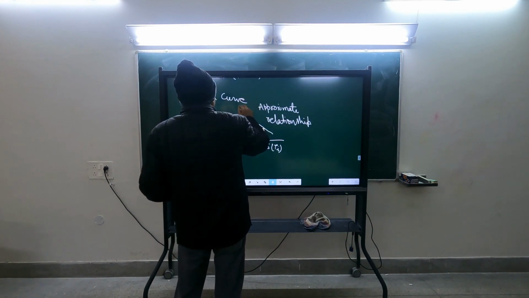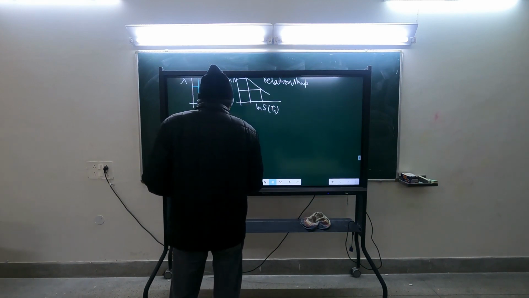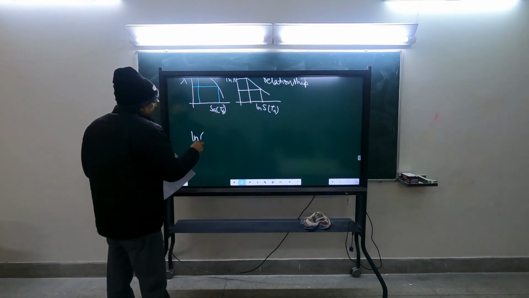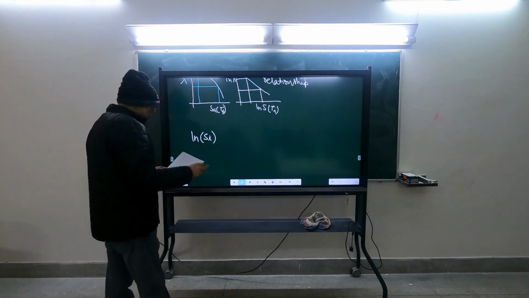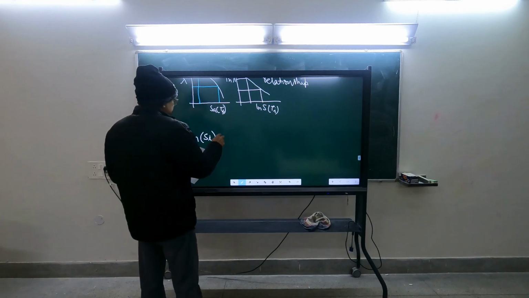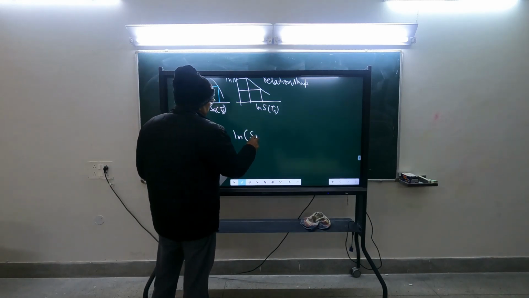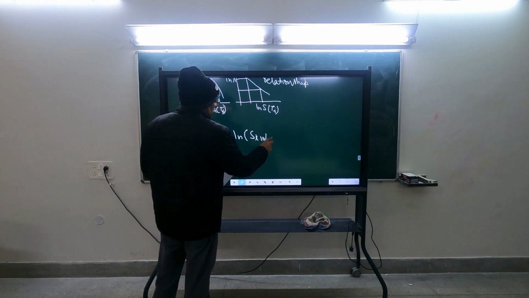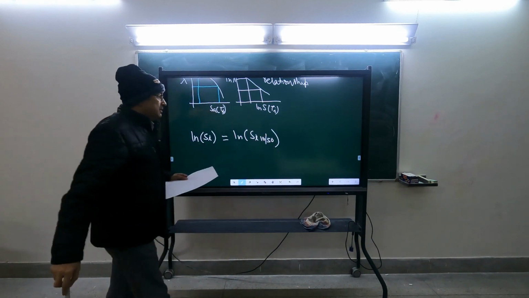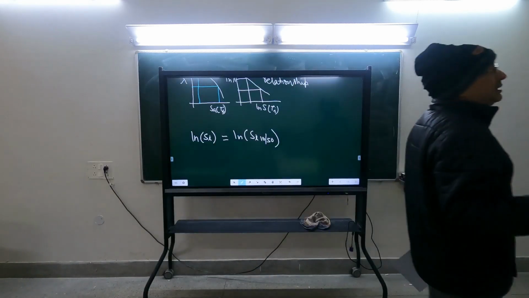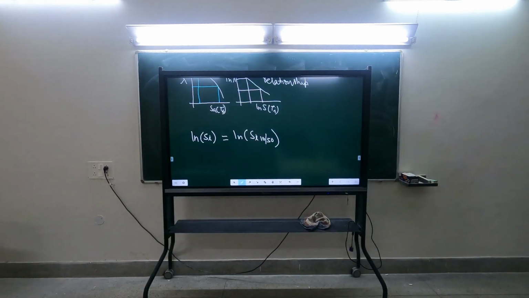So an approximate relationship given in FEMA 273 is that log of Si is log of Si at 10% in 50 years, Si 10 in 50 years means what? DBE. Okay.